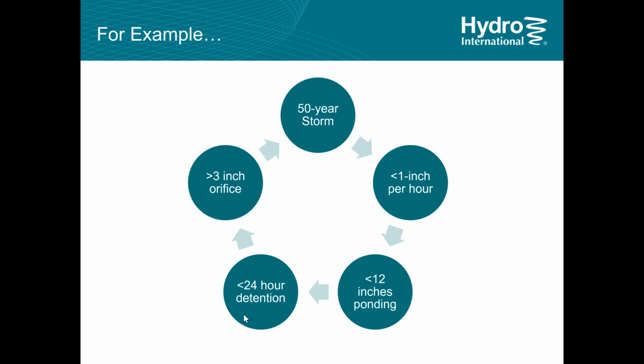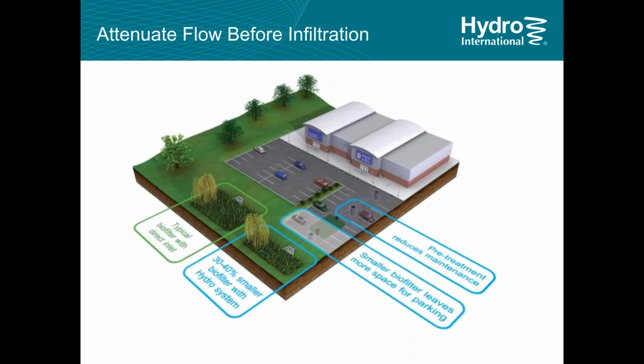It's very common because of vector control that cities will ask that water not be kept on site for longer than 24 hours. And lots of areas say you have to have orifices big enough to pass a soda can. That means you need to have something around 3 or 4 inches. So all of these things play together to make for a really challenging design problem.